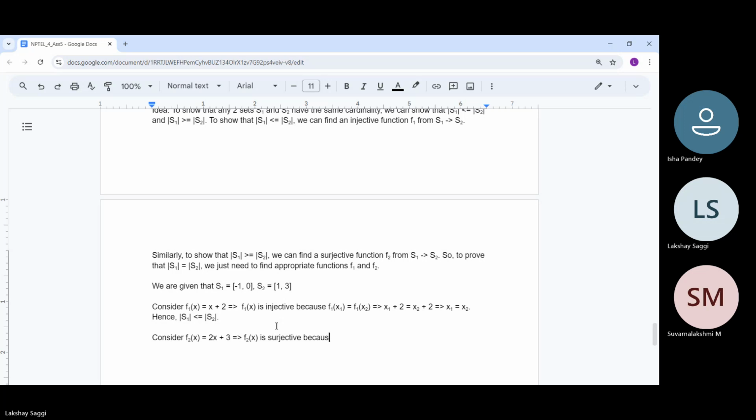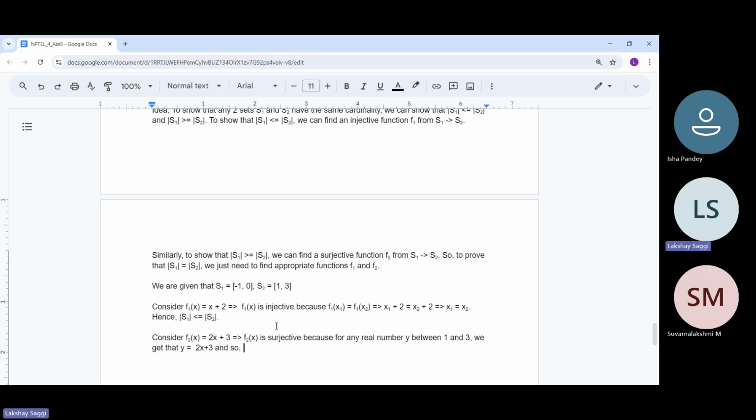And this is because for any real number y between 1 and 3, we get that y equals 2x plus 3.